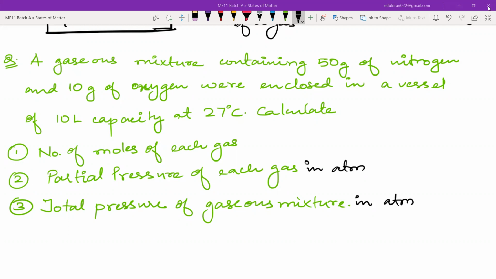Yes, first of all, you have to tell me the number of moles of each gas, for N2 and O2, and then send me in chat. Sir, I have sent. Yes, I've seen your answer, Shravya.